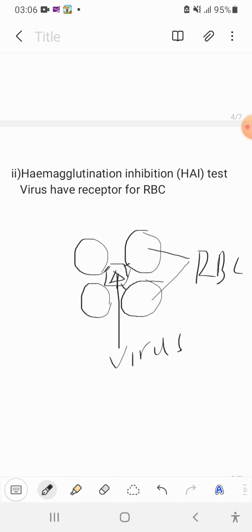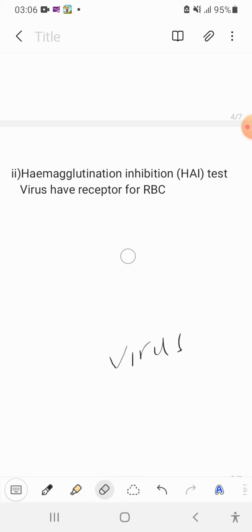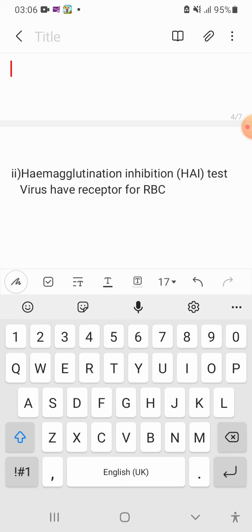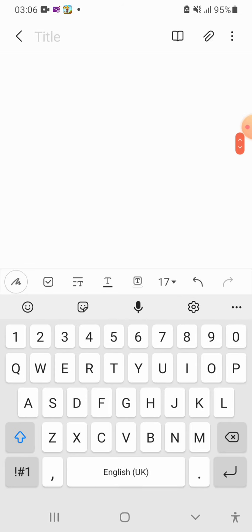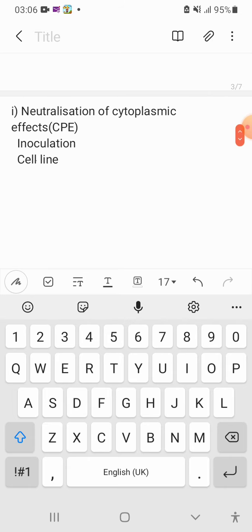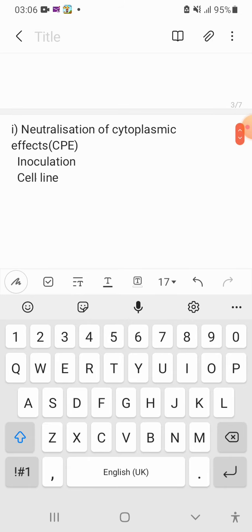So it makes them attach to the virus, resulting in clumping, which is called hemagglutination. So we are going to start by looking at neutralization of the cytopathic effect.